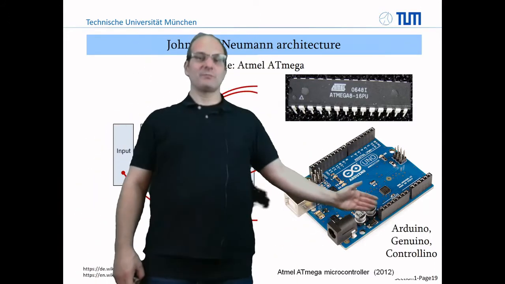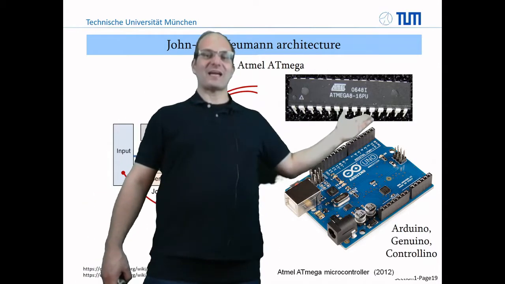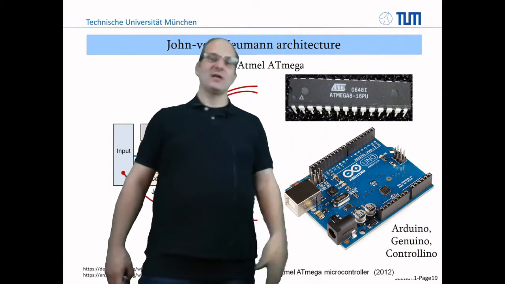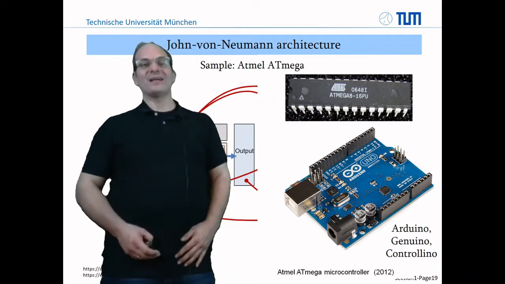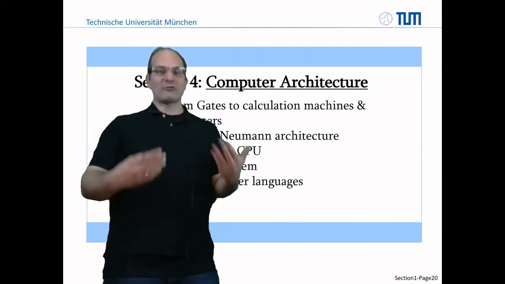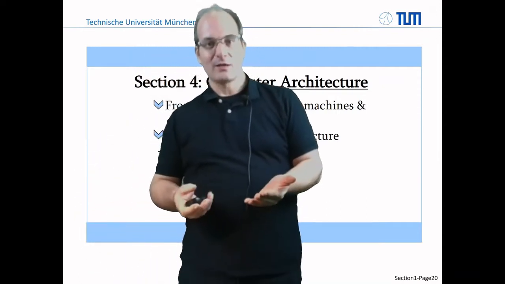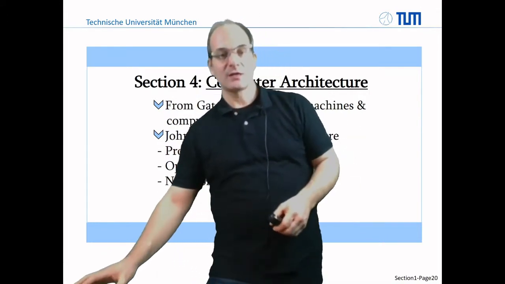So the bus system, for example, for this microcontroller, is partly directly connected to these pins, so that you can set input and output here, and that you can process data on your device. And therefore we directly jump into this new world of programming. So now we can program computers.